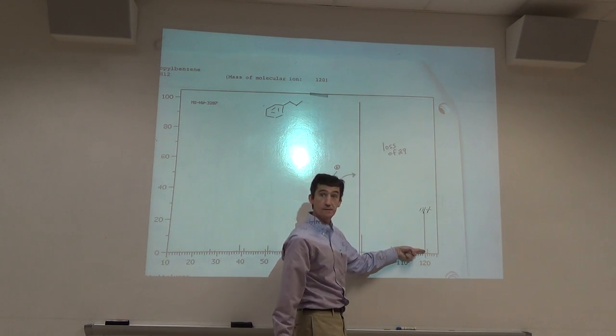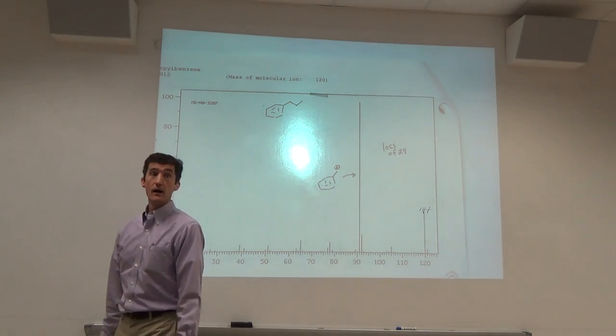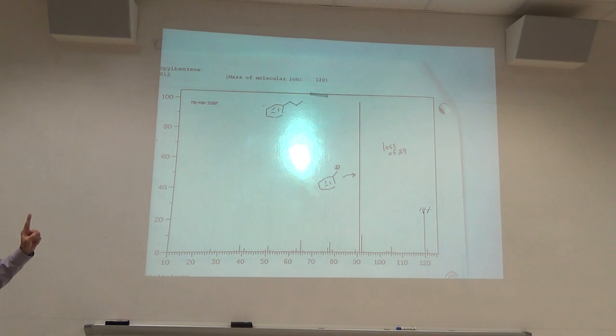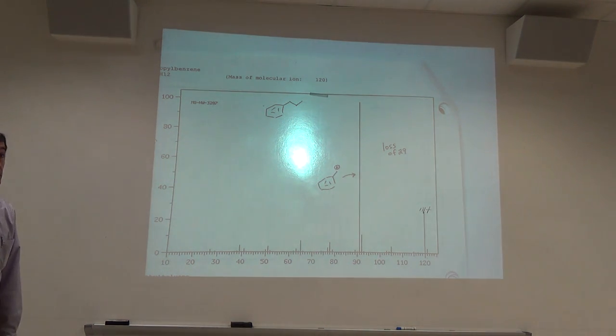121, what is that? One of the carbons of the molecule is carbon 13, C13. When you do mass spec, you see individual molecules. You don't see averages. How many carbons do we have here? 9.